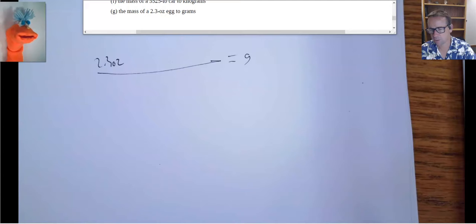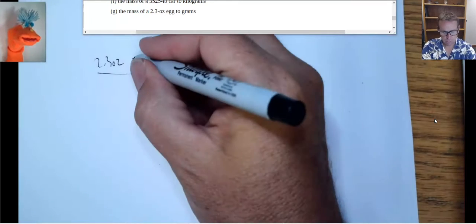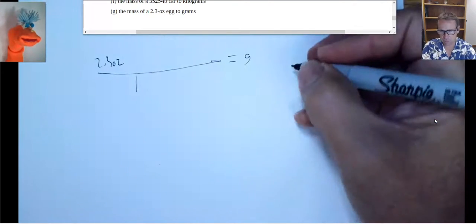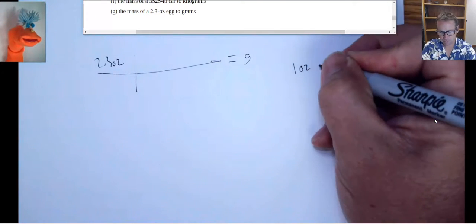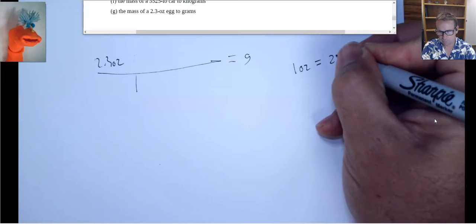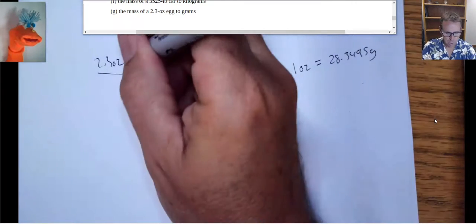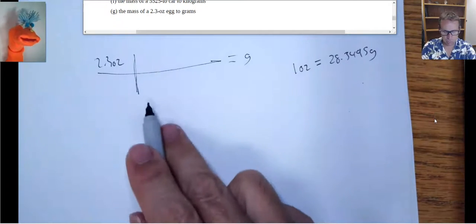Yeah, I can. For every ounce, there's 28.3495 grams. So, what goes on top? What goes on bottom?